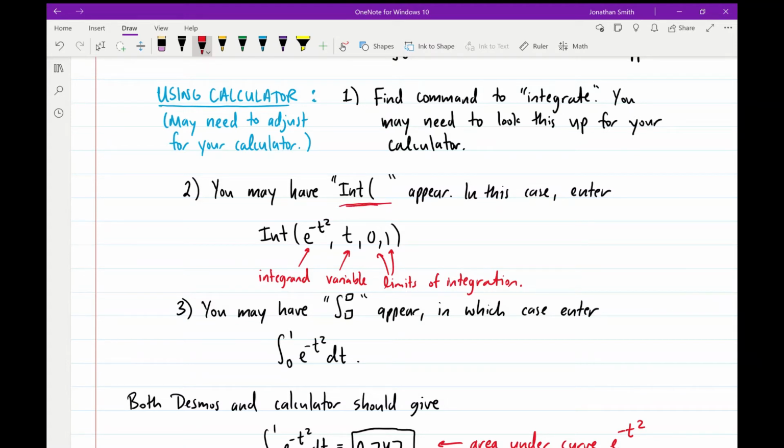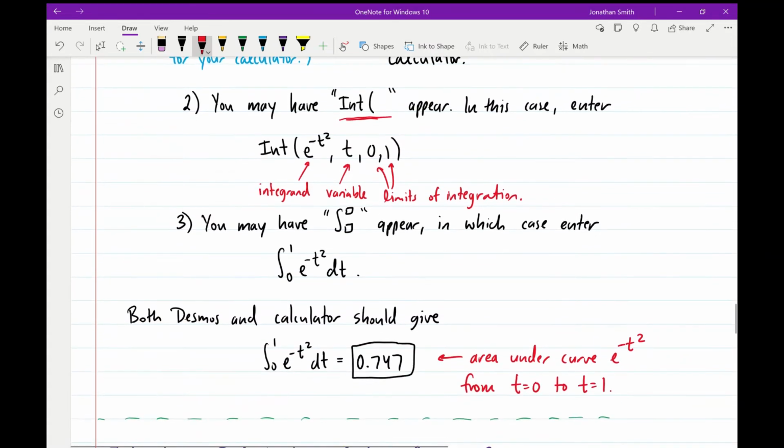If that's you, then to do this integration, you want to first enter the integrand, so the function that we're looking at, and then a comma, and then the variable that you want your calculator to integrate with respect to. And then in the last two spots, you're going to put the limits of integration. So in this case, you'd put a 0 and a 1.